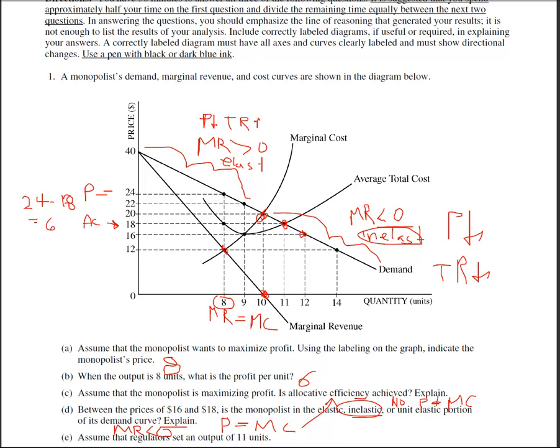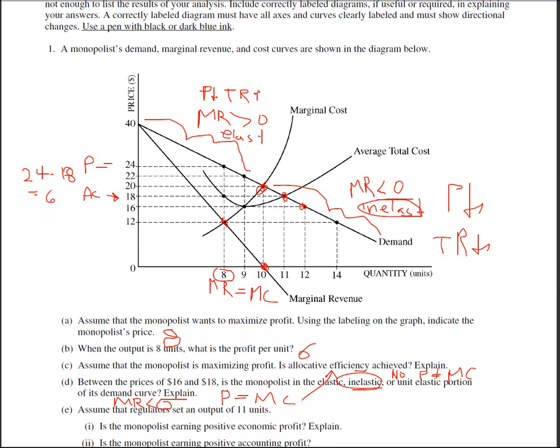It's negative. If marginal revenue is negative, price down, my revenue is going to go down. As I lower my price from 18 to 16, 18 times 11, then 16 times 12, those revenues are going down.